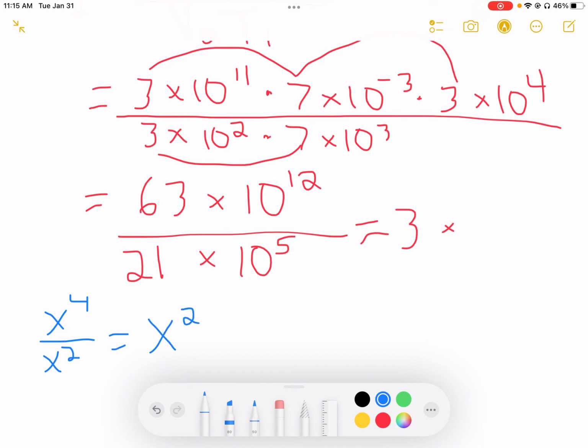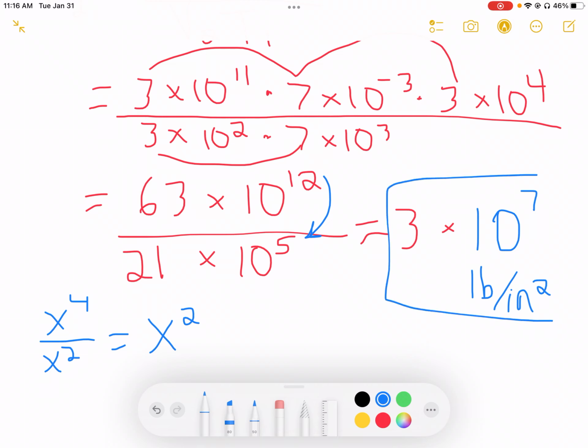Here I have something similar: 12 minus 5, so I have just 10 to the 7th. And this is my pressure. The pressure they gave me was pounds per inches squared, so just pounds per inches squared. Make sure you can do it on your calculator, and make sure that you understand the way that we did it here as well.